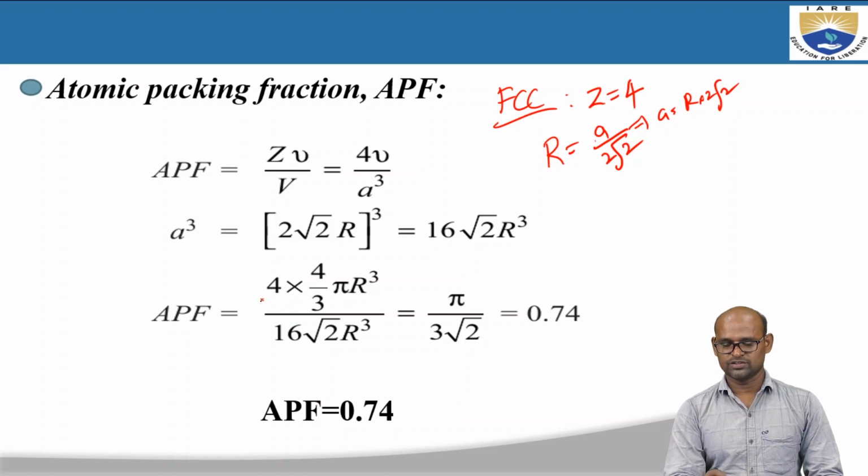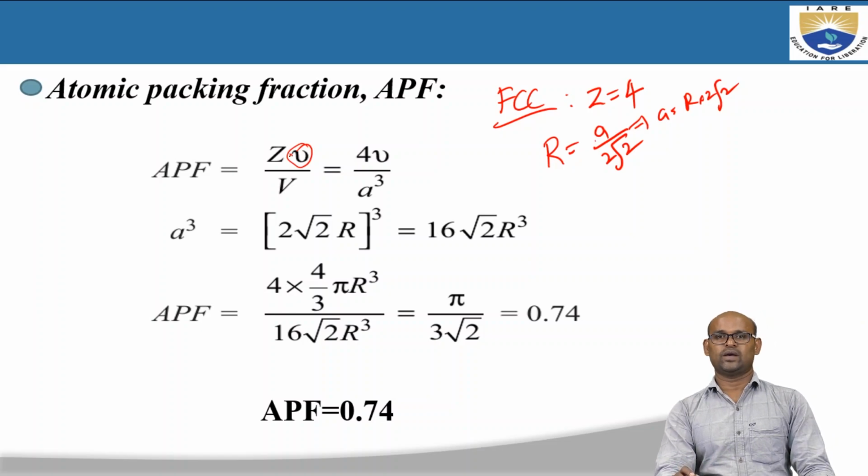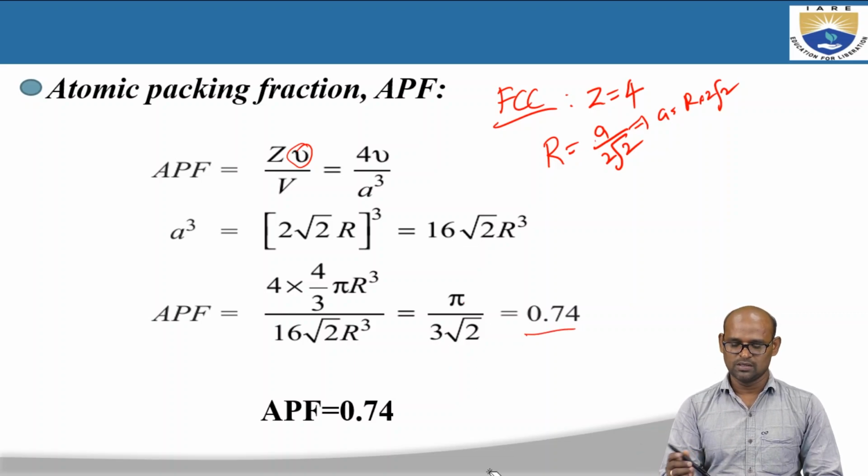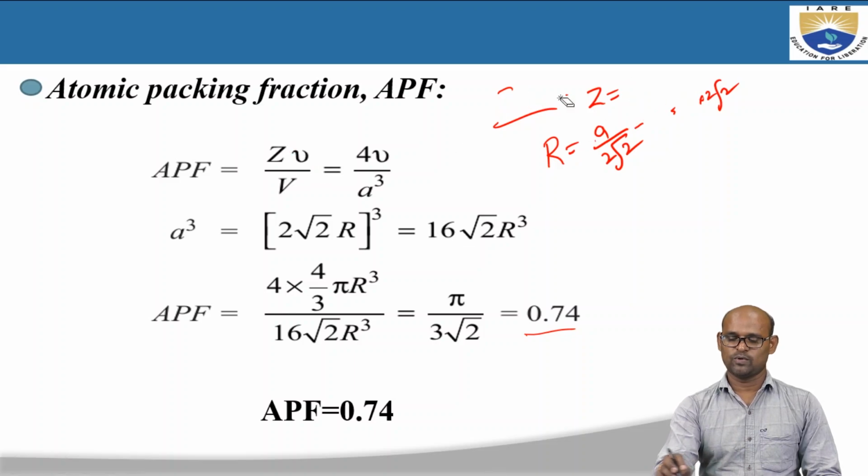The atomic packing fraction is Z into v by capital V, where small v is the volume of each atom, that is 4 by 3 pi R cube, and capital V is the volume of the unit cell, that is a cube. By doing Z into v by V, we get pi by 3 root 2, which is 0.74. So the atomic packing fraction for the FCC unit cell is 0.74.